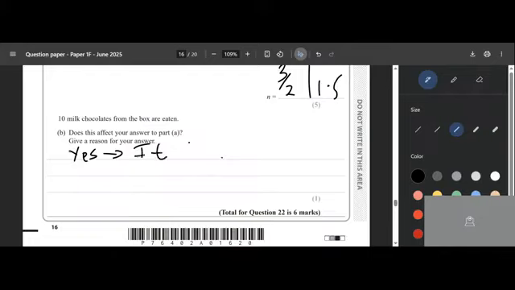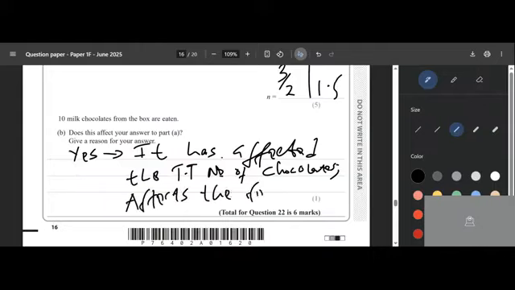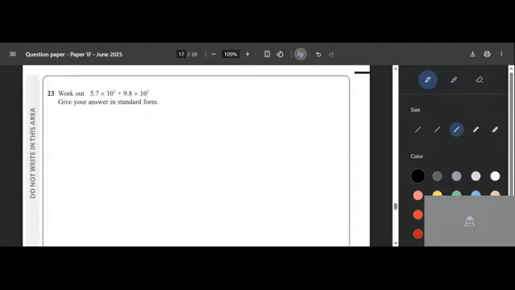It has affected the total number of chocolates, which also affects the final ratio. So that's how it's supposed to be done.